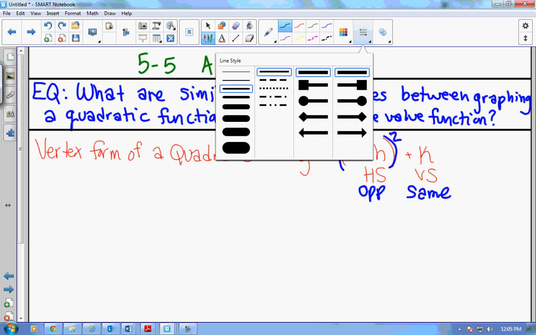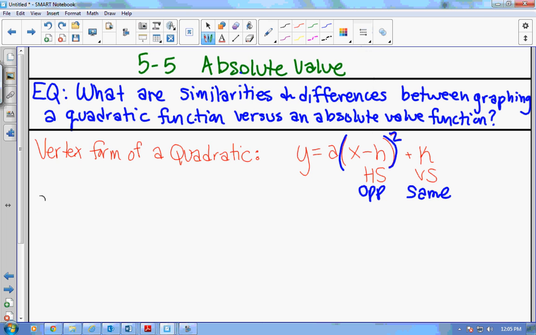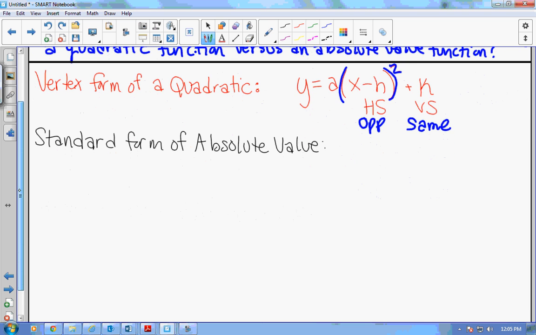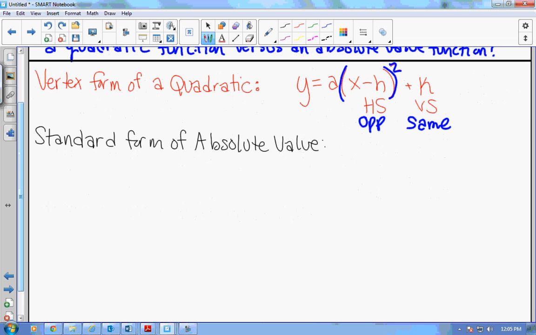Okay, so for an absolute value, standard form of absolute value is the following. Standard form of absolute value is Y equals A. What is an absolute value sign? Yeah, those straight bars, jail cells.